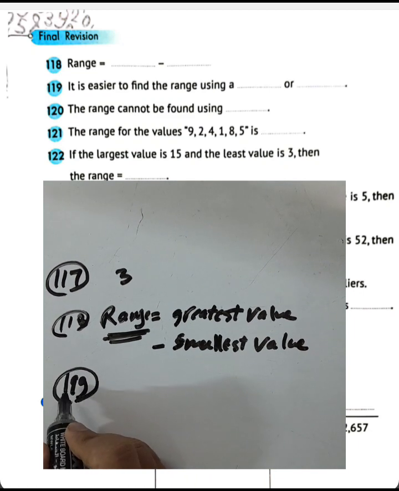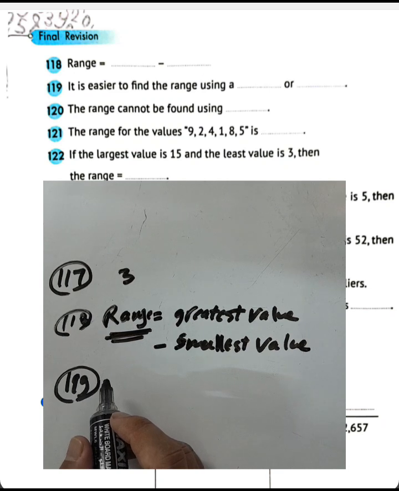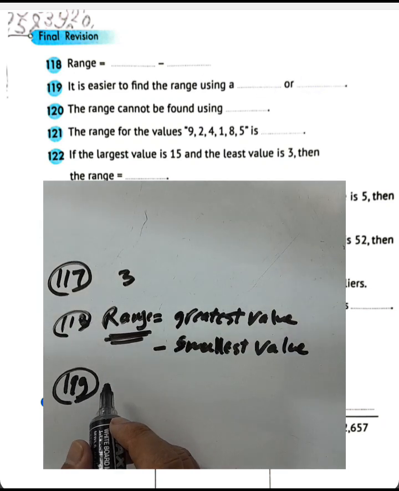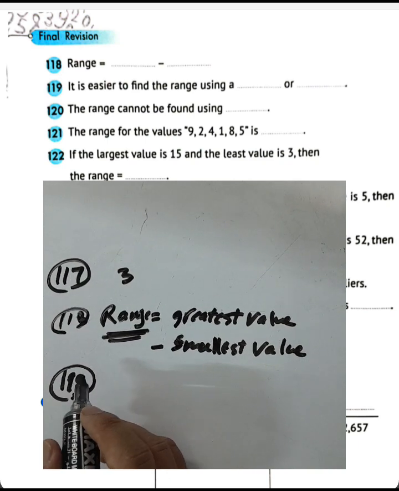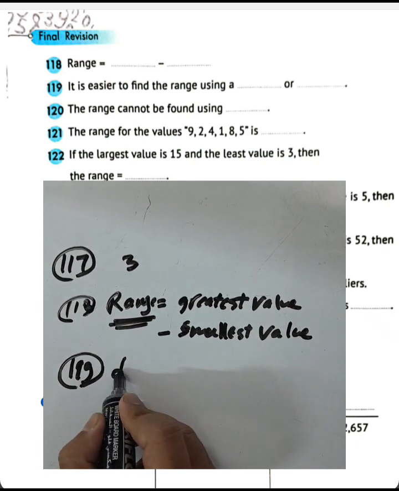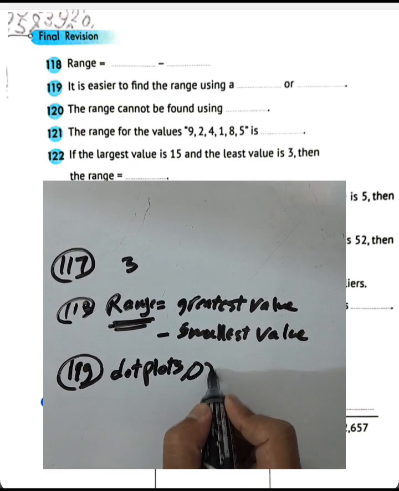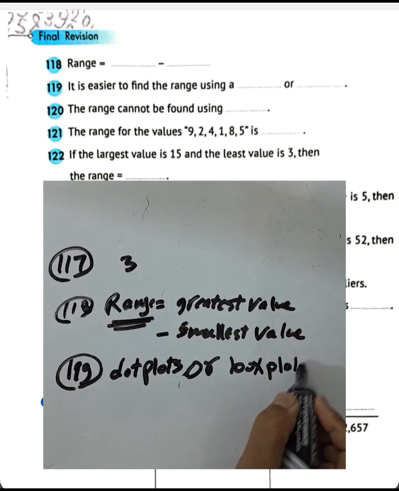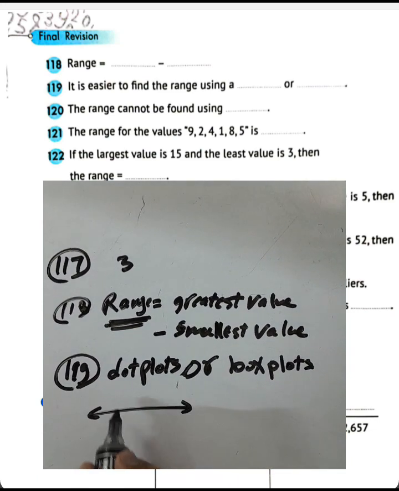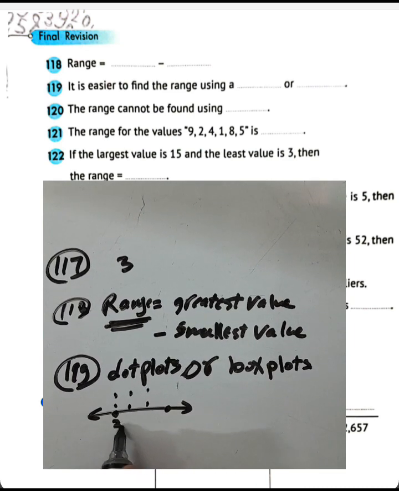Question 119, it's easier to find the range using a dot plot or box plot. We can use the dot plot or box plot to find the range. It's very easy to find the range using dot plots, or we can use a box plot. A dot plot means a number line with points put on it, and we find the maximum and the minimum, such as 3 and 6.